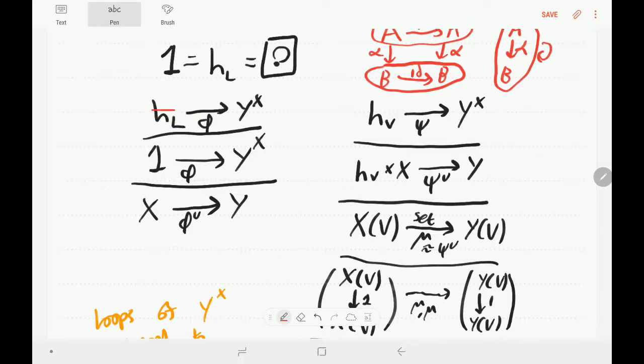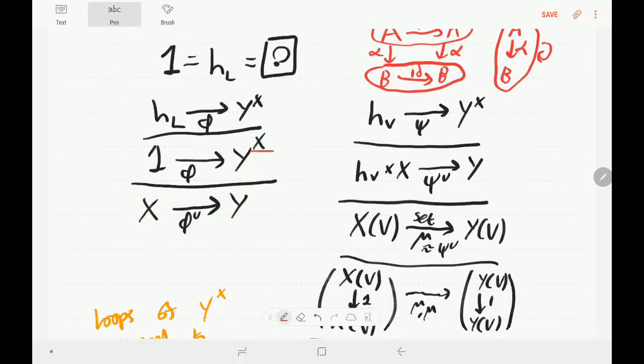A loop is going to be an arrow from HL to y to the x. Now we know HL is basically just 1. So in other words, a point of a loop is going to look like this. And roughly speaking, that's going to correspond to a morphism from x to y.